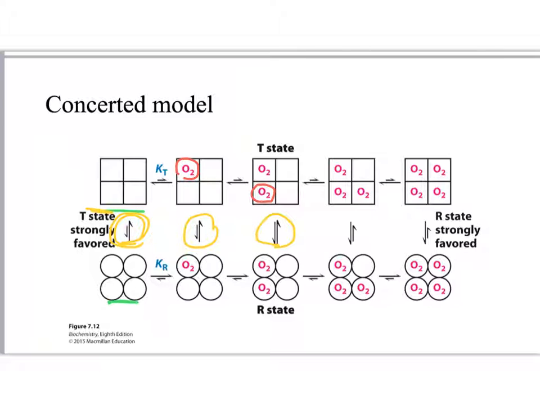So with increasing oxygen bound, the R state is going to become more and more favored. Once we get a third oxygen that comes in, you see that your equilibrium shifts, and now your R state is preferred. And when the fourth is there, then your R state is strongly favored. So the R state, remember, that's the fully oxygenated state. And then the deoxyhemoglobin would be in the T state.